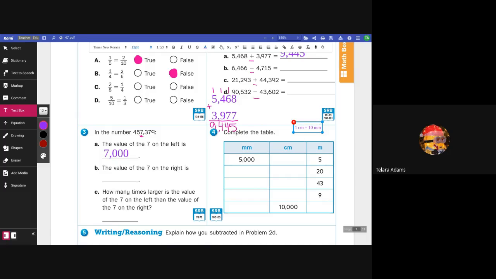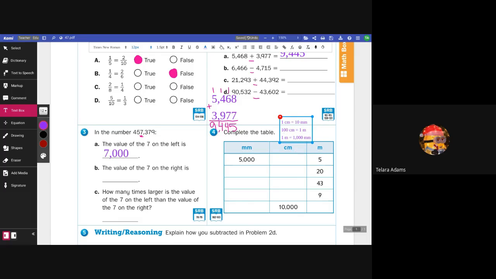Something else that may help you. 100 centimeters equals 1 meter. And something else that may help. 1 meter equals 1,000 millimeters. I know that's a big number.